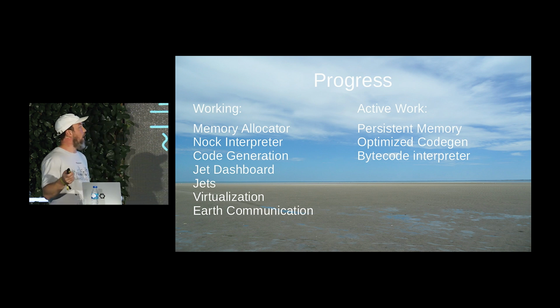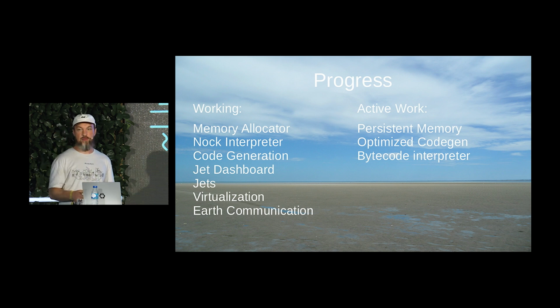So what are we still working on? Well, we need persistent memory. We need somewhere to save stuff. That is actively being worked on. It's very close. It's not done to an integratable state yet.